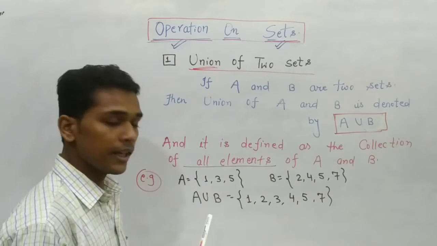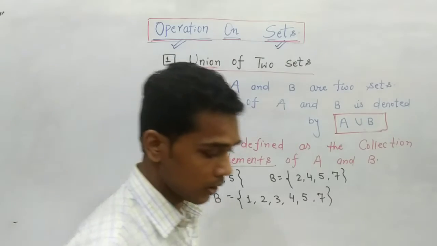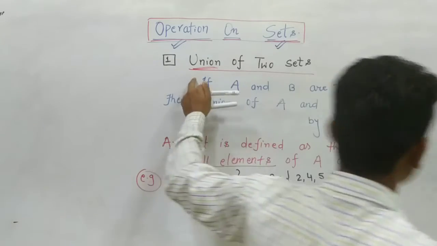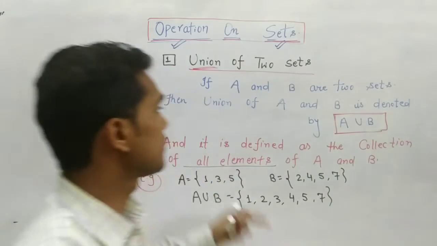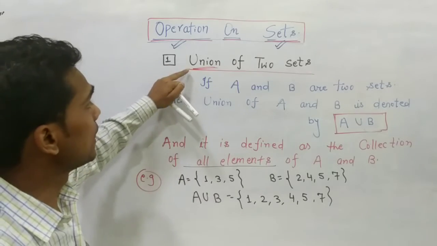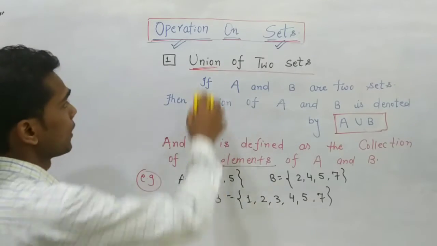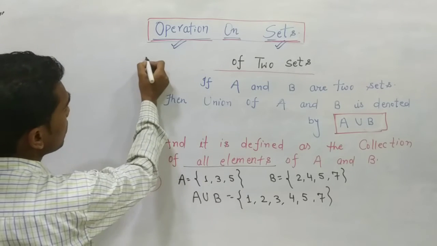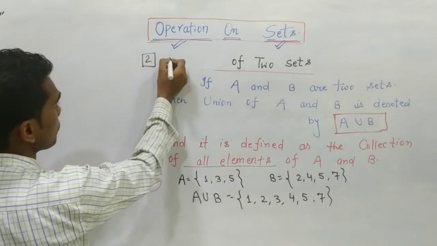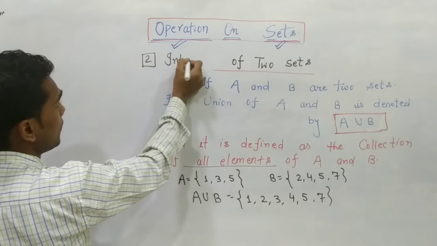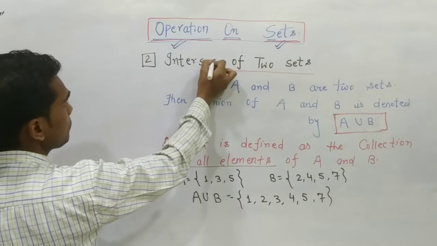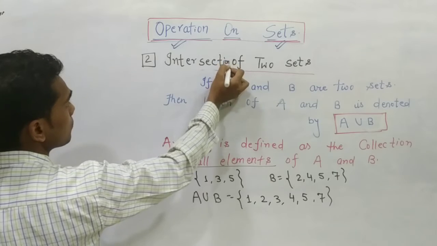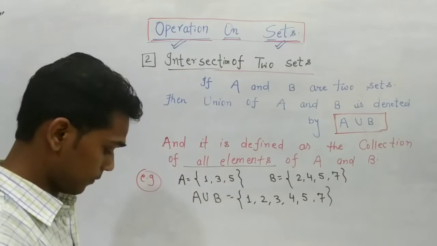That is known as A union B. Okay. Now we are going to discuss the second type of operation, intersection of two sets.